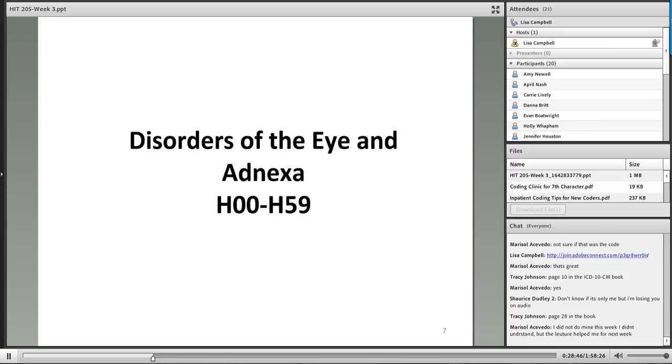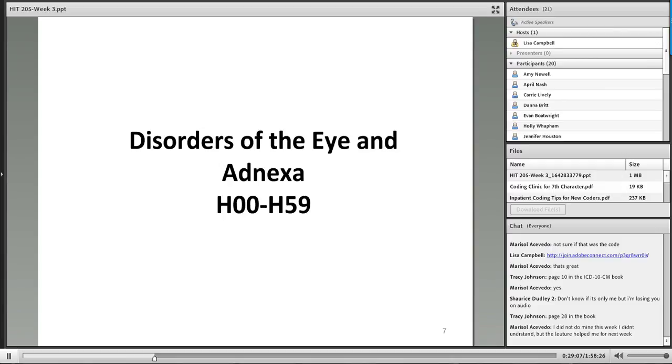All right, disorders of the eye and adnexa. ICD-10 is actually the first time that we have had guidelines on disorders of the eye at this level of detail. So disorders of the eye, disorders of the ear.